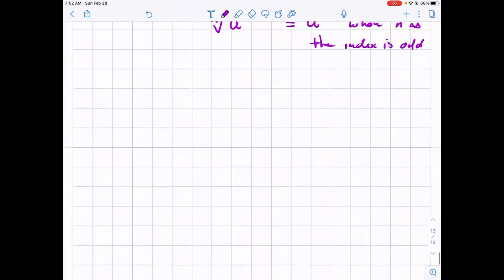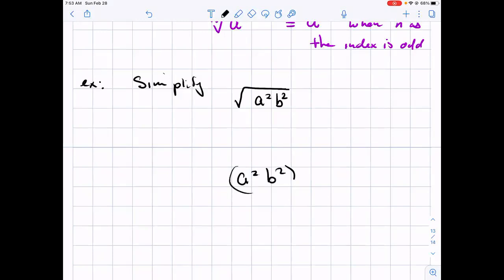Now, if I ask you to simplify, for example, the square root of a squared b squared. This is the same as a squared b squared to the 1/2 power.